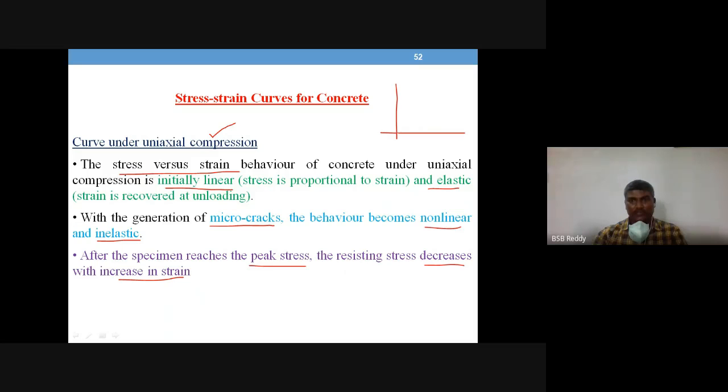When I ask you to draw a stress strain curve of concrete, we will draw something like this. Initially it is almost linear, then it follows a non-linear pattern, and then it is going to break, like a breaking point. Okay. So this is the general nature of the stress strain curve of concrete.